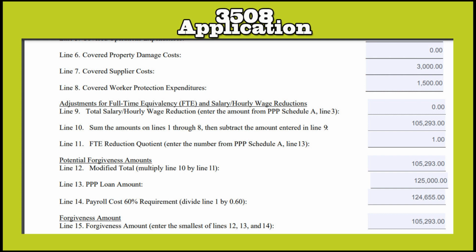Keep in mind, you may not receive 100% forgiveness of your loan. So you're going to take whatever the smallest amount is from either line 12, 13, or 14, and enter that number on line 15.